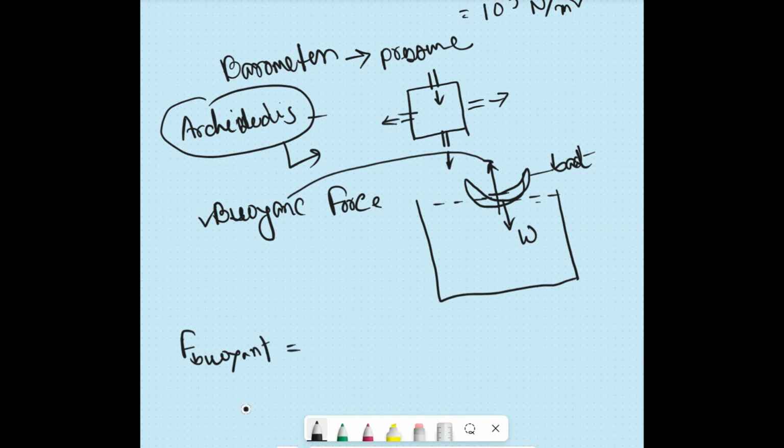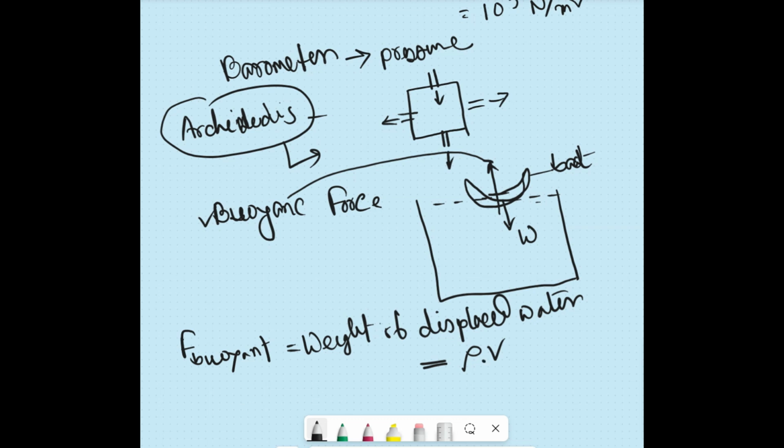So from the concept of buoyancy force, we could write down that buoyant force is equal to the weight of displaced water, which we could write as rho times V times g.